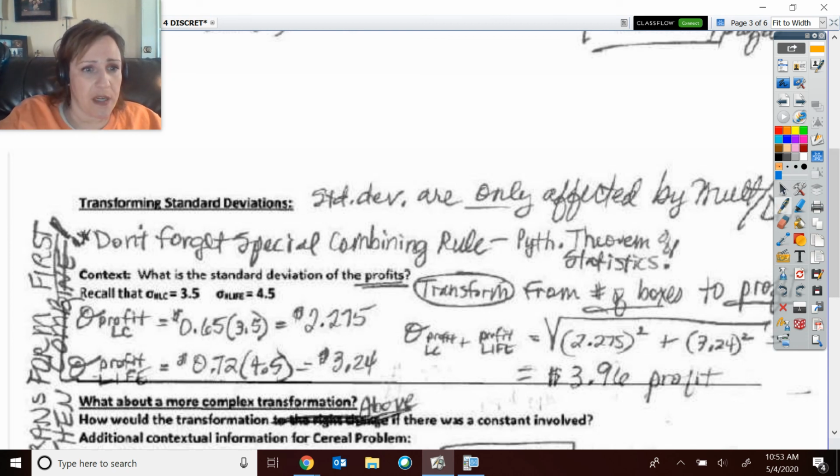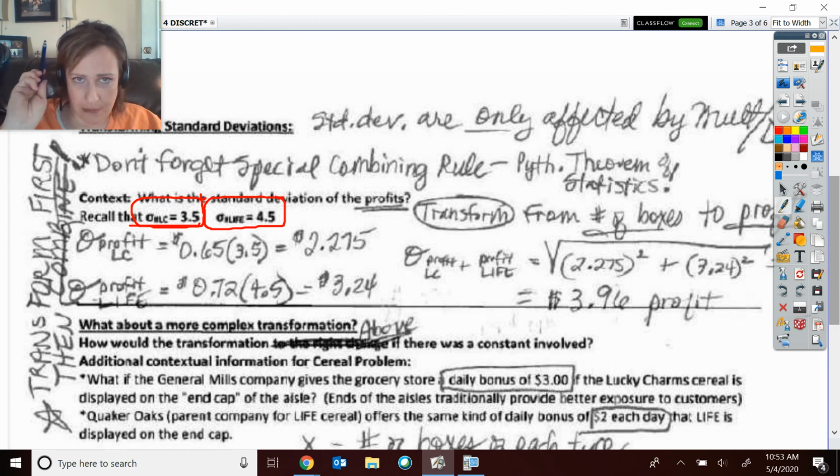We're going to recall that our standard deviation for the number of boxes sold in a day is 3.5 boxes of the Lucky Charms and 4.5 of the Life. So here we go. Transform first and then combine.